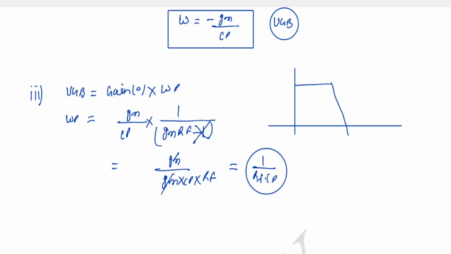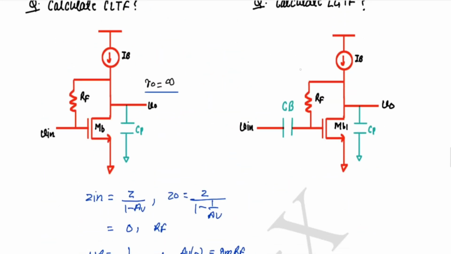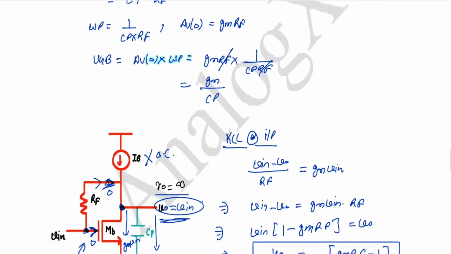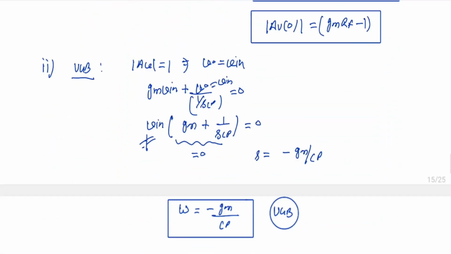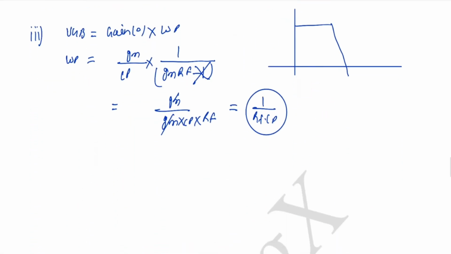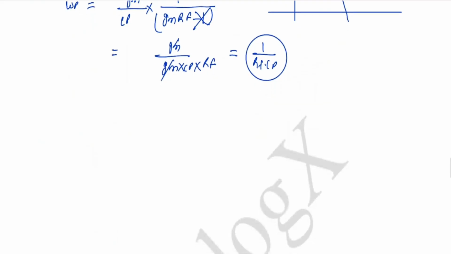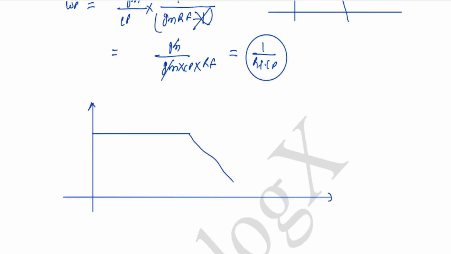So this is exactly the same as we calculated from Miller approximation. Okay, so here UGB is GM by CP, gain is GM RF and pole is CP RF. What is different from that Miller approximation, we see when we draw the Bode plot, this is our pole location.